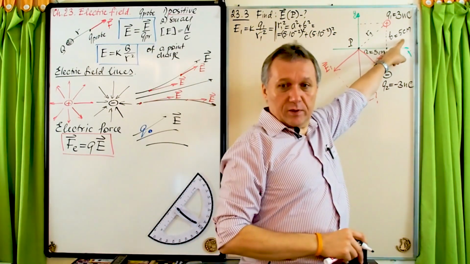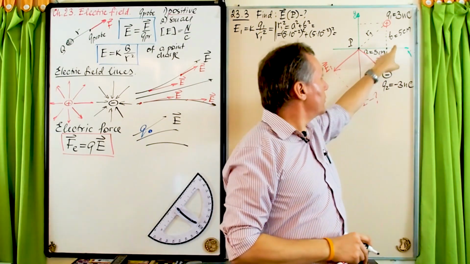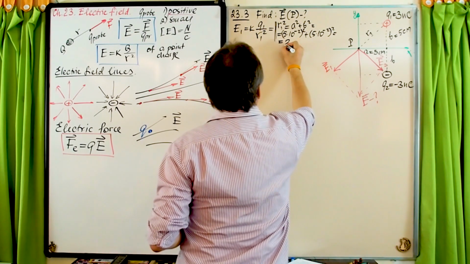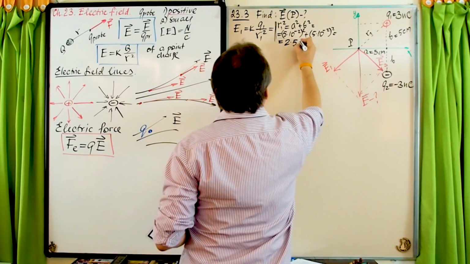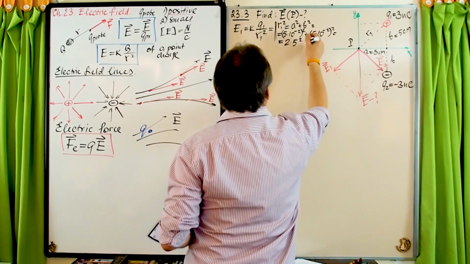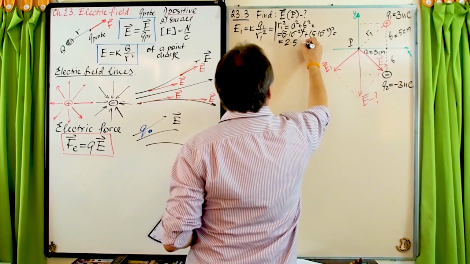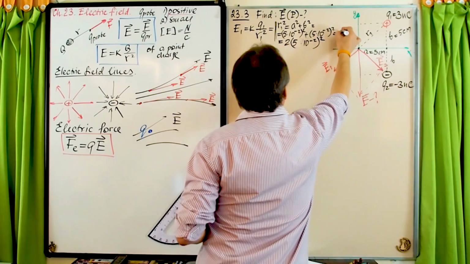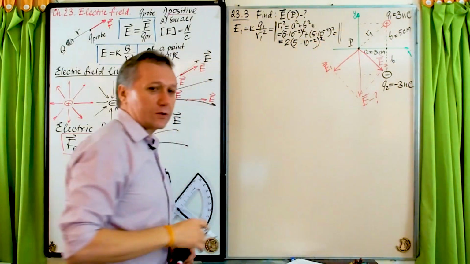This is 5 centimeters, 5 times 10 to the power of minus 2, and here the same. So of course we will get 2 times 5 point... Okay, let me do it this way. Times 10 to the power of minus 2 squared.